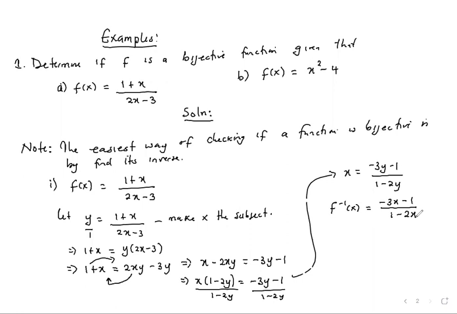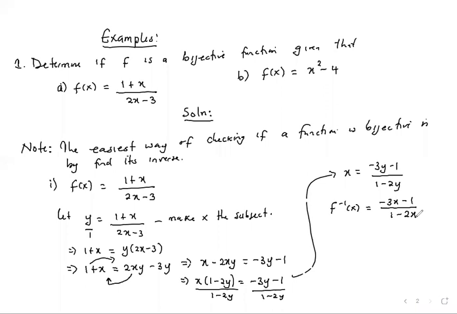This is a normal inverse function. There's no decision required for us to check whether this is one-to-one or not. The inverse exists and it exists in a normal way.